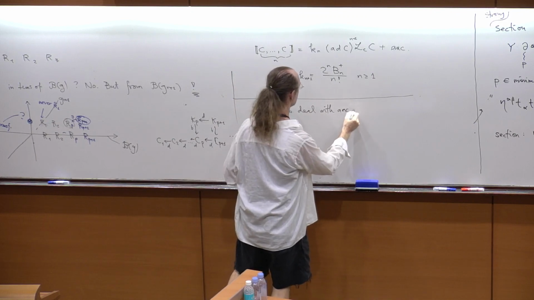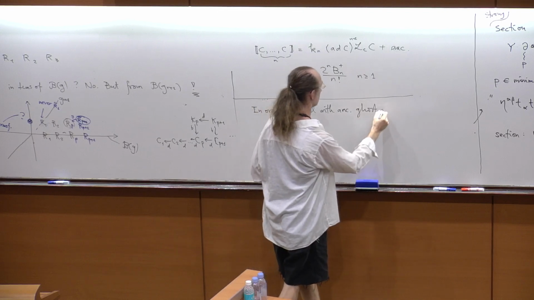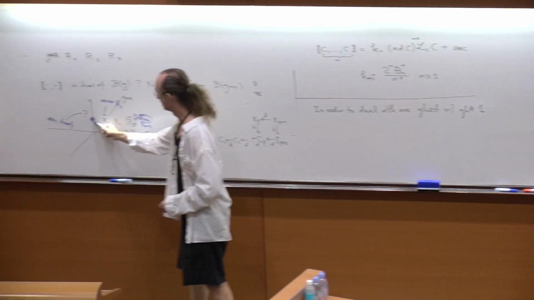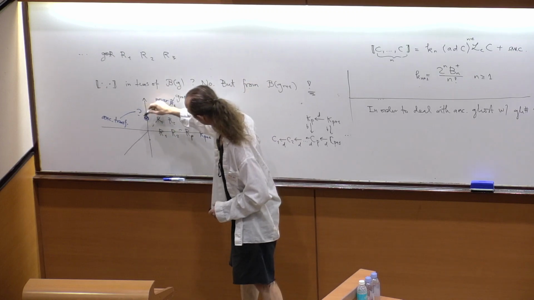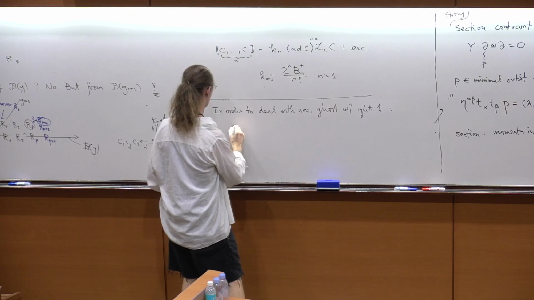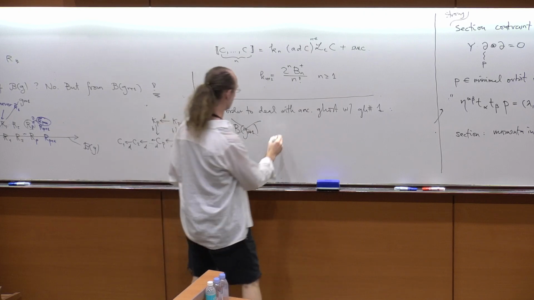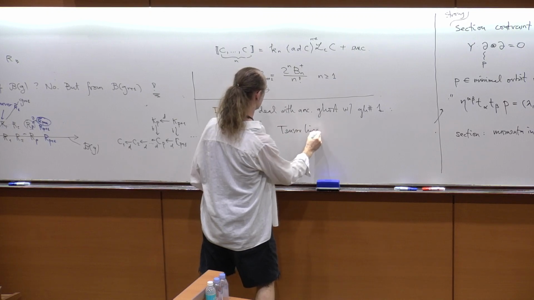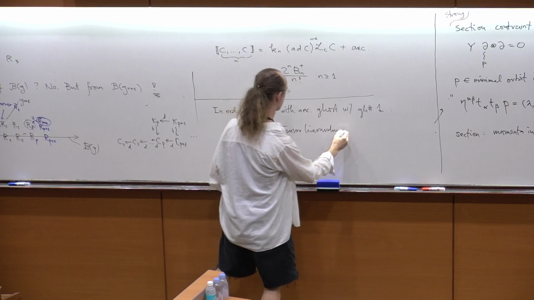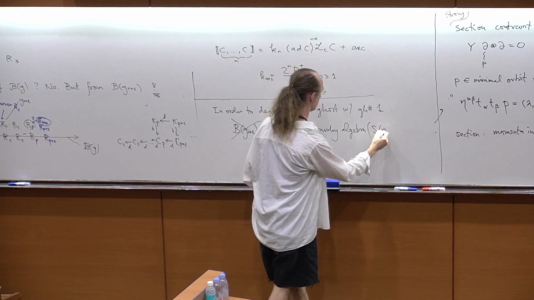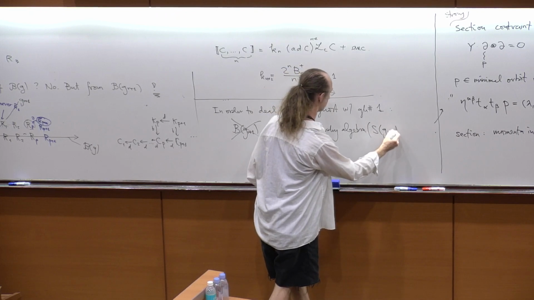In order to deal with these ancillary ghosts with ghost number 1, that will sit here, we cannot use this one. What we need to use is what is called a tensor hierarchy algebra, which we may denote like this.